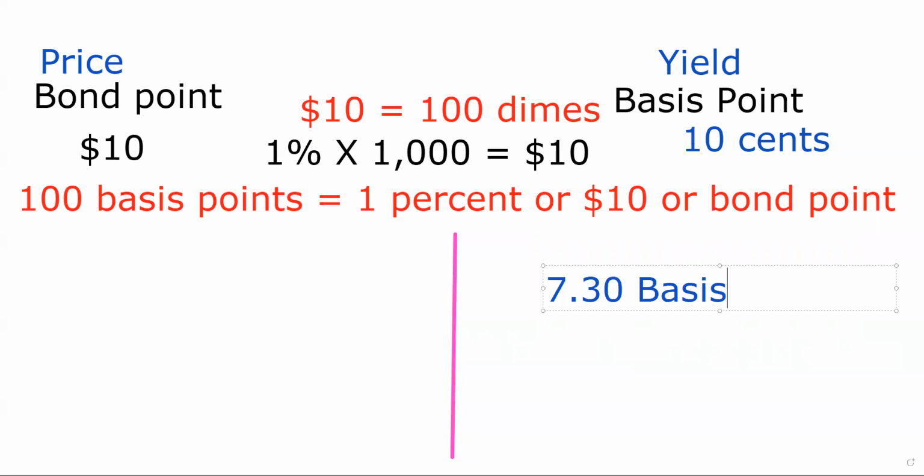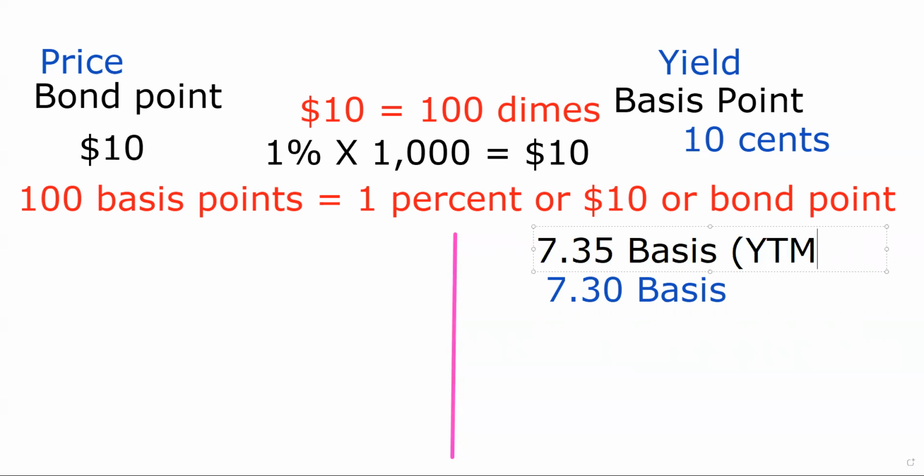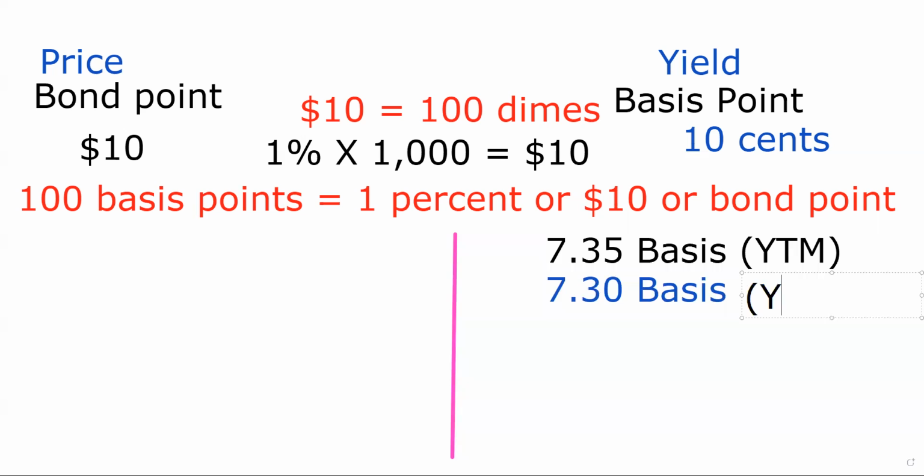So what we're being asked here is how the yield relates to the price. Now they say, I've changed my quote, and if you buy the bond from me, your yield to maturity, your basis, would be 7.35. Let's put that in basis again, fancy word for yield to maturity.